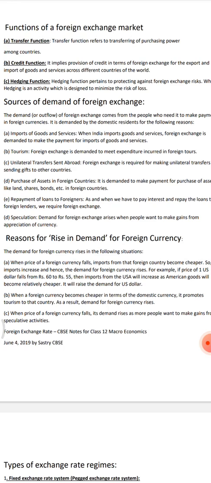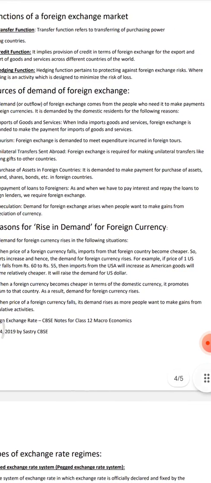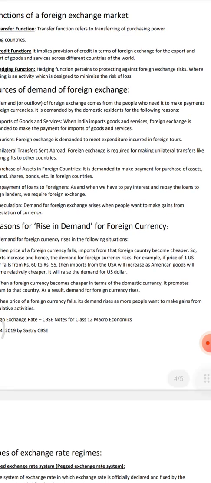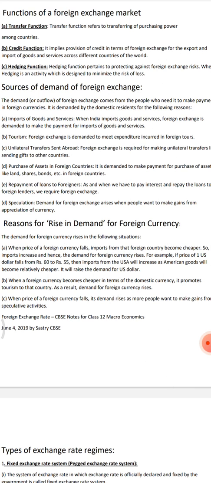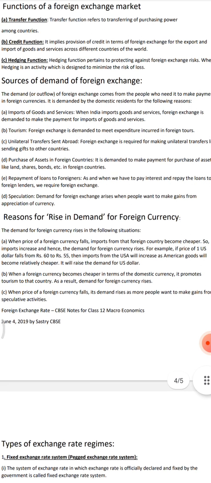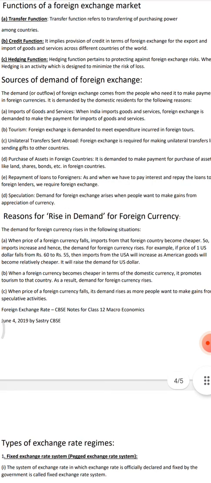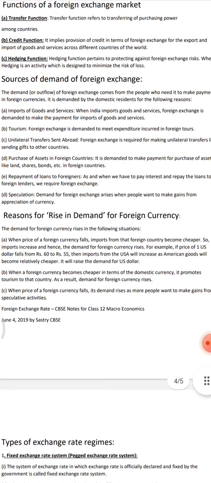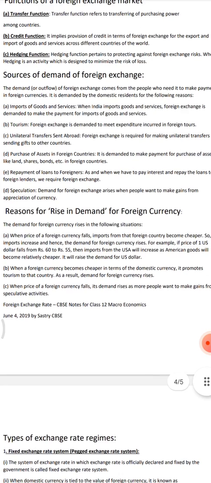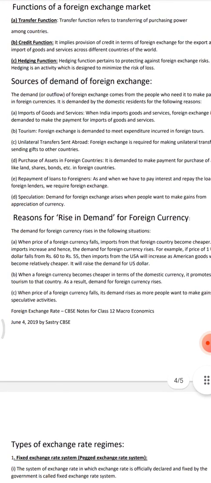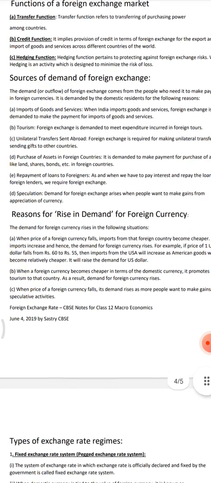When the price of that foreign currency falls, imports from that foreign country become cheaper. Now we can import goods at a cheaper rate, so imports increase and hence the demand for foreign currency rises. Rates have decreased for multiple goods, and to buy more of those goods, we need more foreign currency.